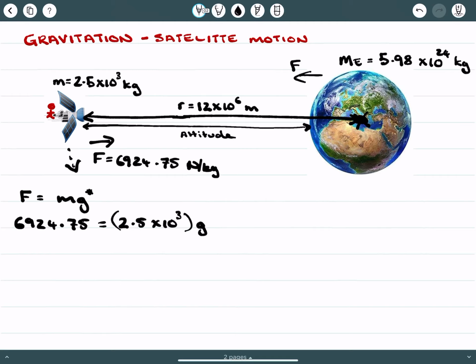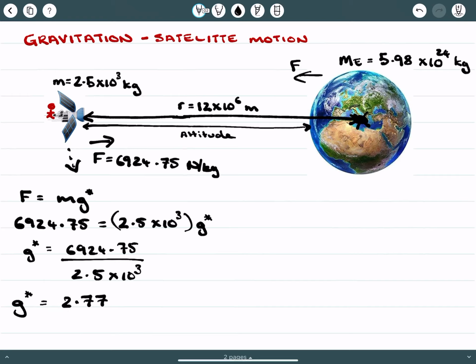And the relative gravity that I experience is just going to be 6924.75 all over 2.5 times 10 to the 3. And this gravity is given as 2.77 newtons per kilogram, or meters per second squared.